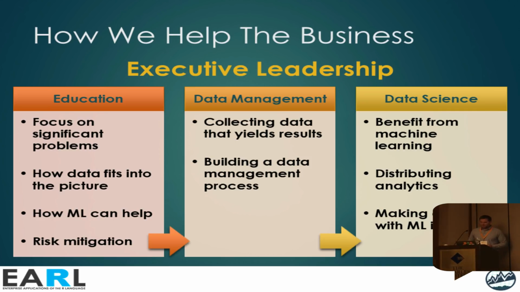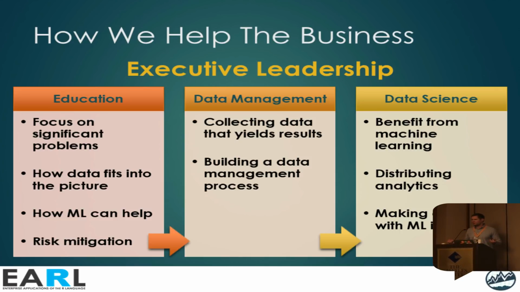Because this is a business conference, we're going to talk a little bit about the executive side of the business that we focus on. For executive leadership, we have taken a look at it from three different levels for providing a service to customers. Education is the first one. The executive leadership team typically needs to be educated.